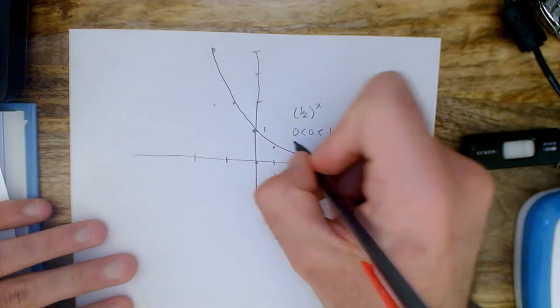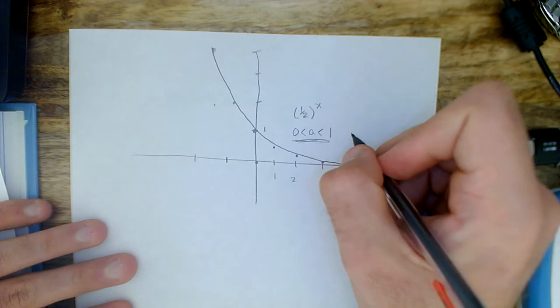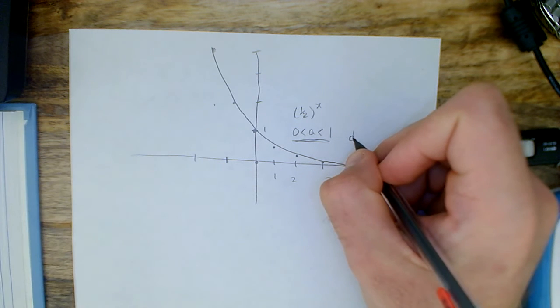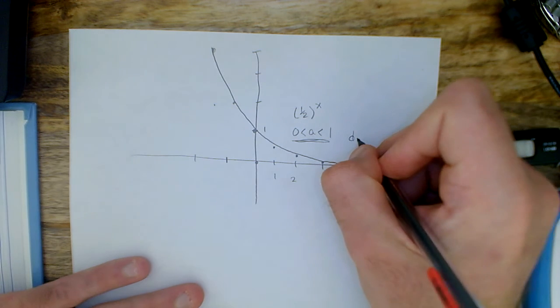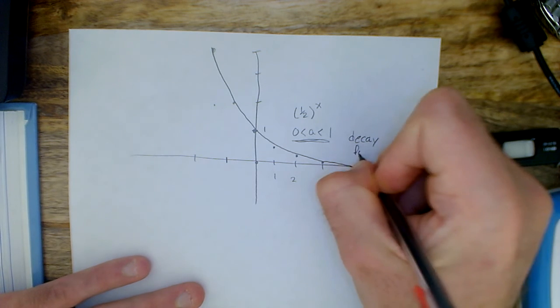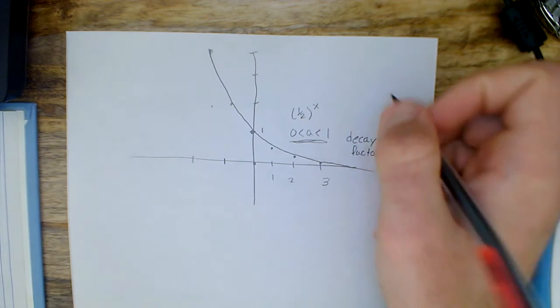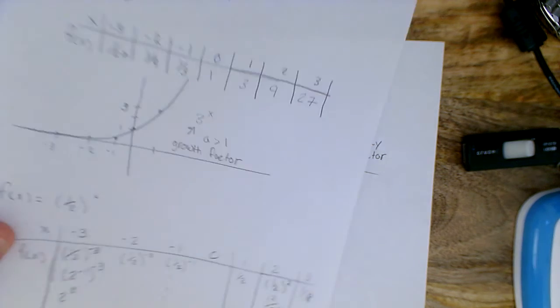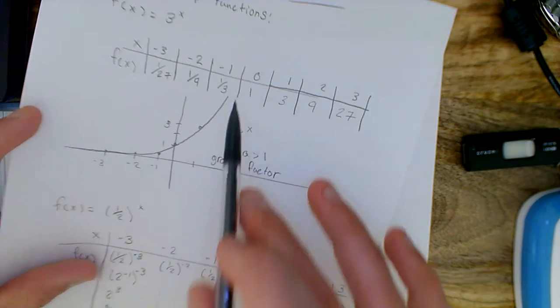Here we would say if a is in between 0 and 1, this is going to be the decay factor. So those are important to remember. If a is greater than 1, your exponential function is going to be increasing.